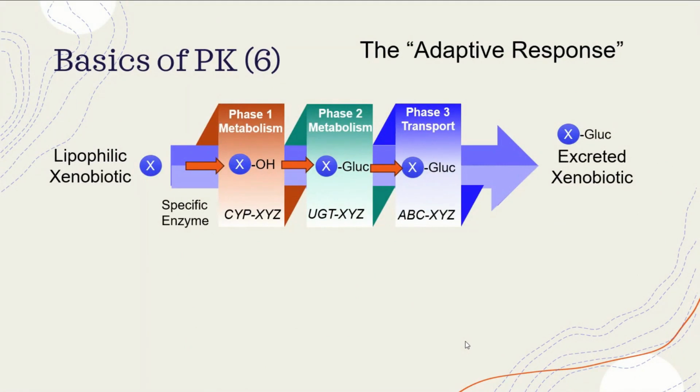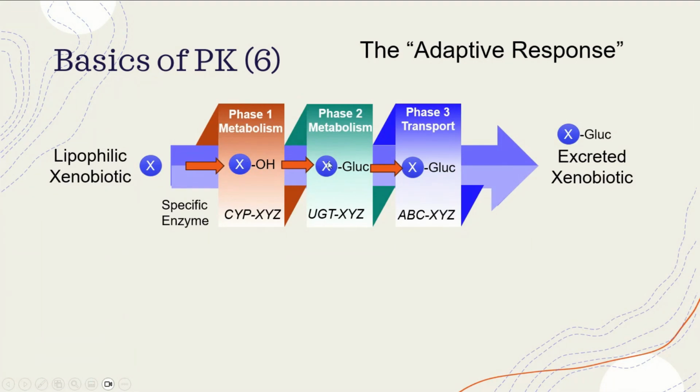Before we get there, we have to talk about what I think is a fascinating issue for how we try to increase the excretion of particular xenobiotics so that they don't build up and they don't cause toxicity. And of course, here is our metabolic pathway that I've talked about before. Let's take a look at a specific lipophilic xenobiotic, like I showed you with phenacetin before.